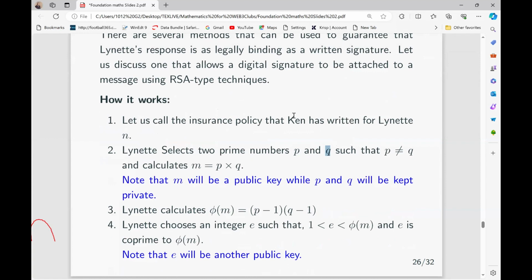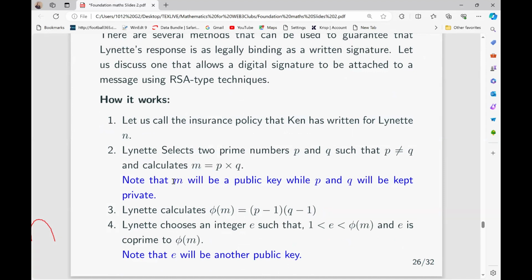Before Ken sends this contract, Lynette has to choose the prime numbers P and Q that she is supposed to keep secret. After choosing them, she gets their product, call it M.